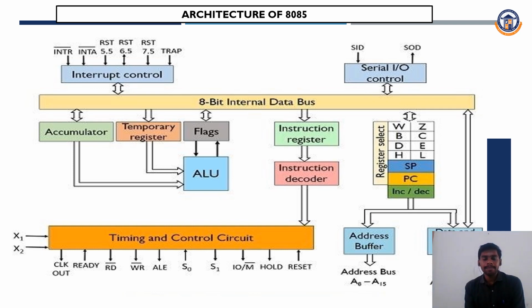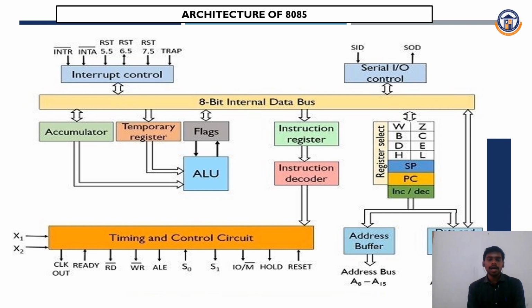Next one is the 8-bit registers. Accumulator is an 8-bit register. The temporary register is like when we are working on a laptop, the battery is very low and it suddenly shuts down, so some data are stored. This helps as temporary registers. Five types of flags are available; they will come in the upcoming slides. ALU is the arithmetic logic unit.